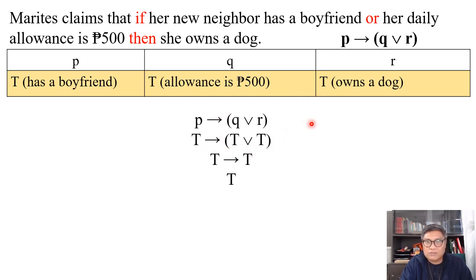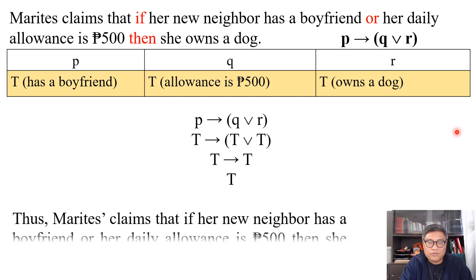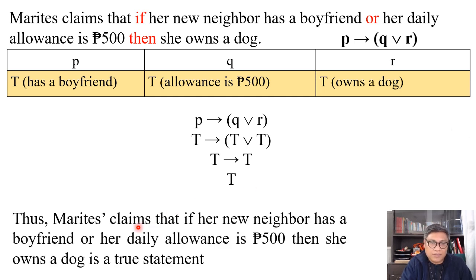Then we are going to simplify. So true or true is true. Then we have here the conditional. If true, then true. That is also true. So meaning, she claims that if her new neighbor has a boyfriend or her daily allowance is 500, then she owns a dog, and this is a true statement. Therefore, we could now say that Marites' claim is a true statement.